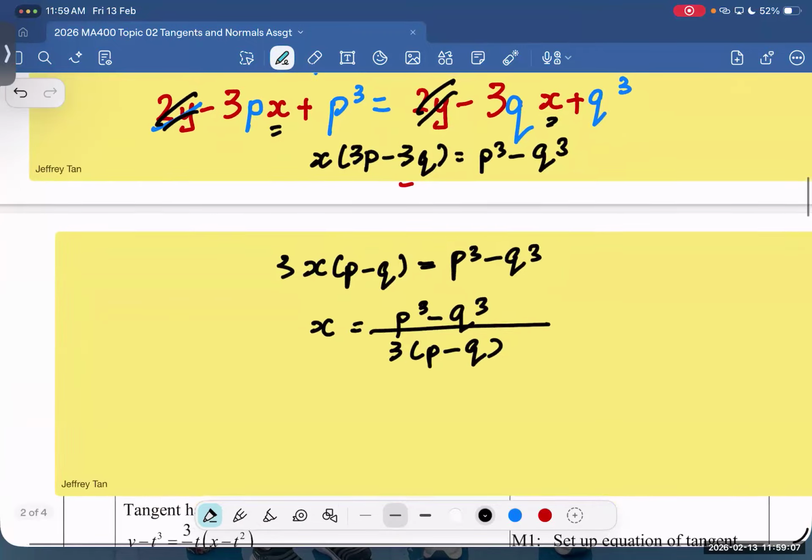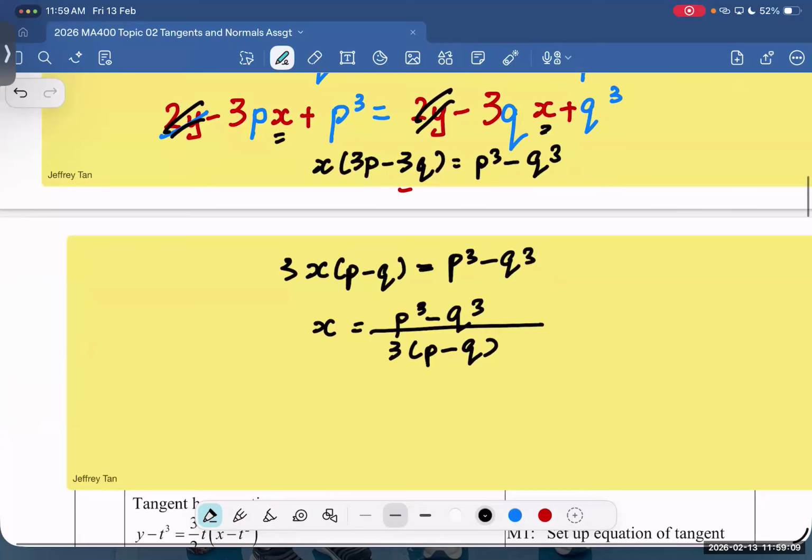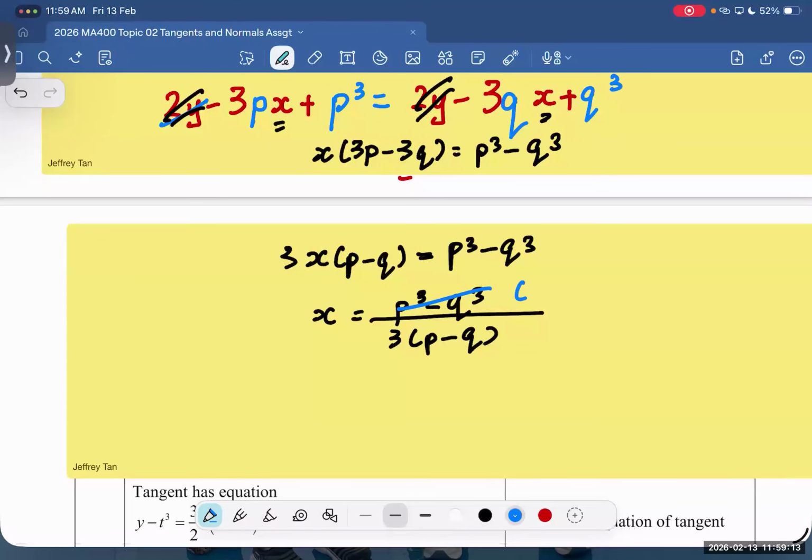If you stop here, it is not done. This is the same as (p minus q)(p squared plus pq plus q squared). When did we learn this? In JH3, MA 300, topic 8, under polynomials and partial fractions. If I'm not wrong, it's on the second page.